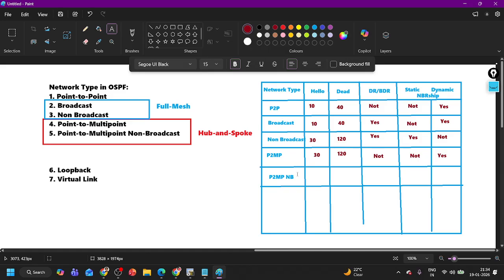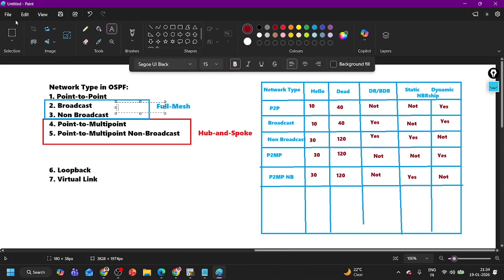But in point to multi-point non-broadcast, you have to configure a static neighborship, and dynamic neighborship is not possible. And what will be the hello time here? Again 30 seconds, hold on time, dead time 120 seconds, and DR/BDR not required.